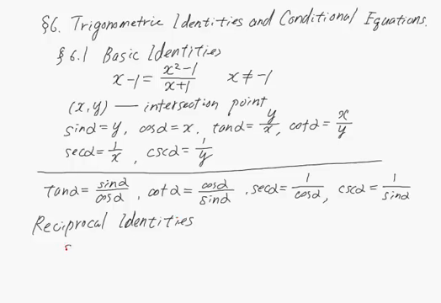First, cosecant alpha is equal to 1 over sine alpha, so from this identity we get sine alpha is equal to 1 over cosecant alpha. And then cosine alpha is equal to 1 over secant alpha.